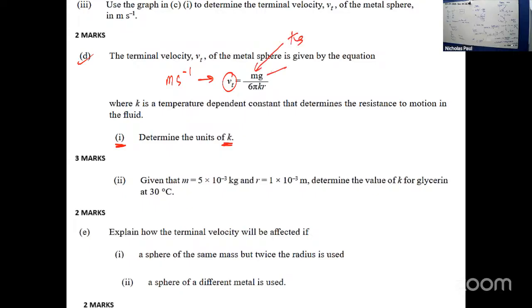What's the SI unit for g? m s^-2. What's the SI unit for 6 pi? No unit, right? We're doing okay. And what's the unit for r? Meters. Right? Make a substitution to find the unit for k.